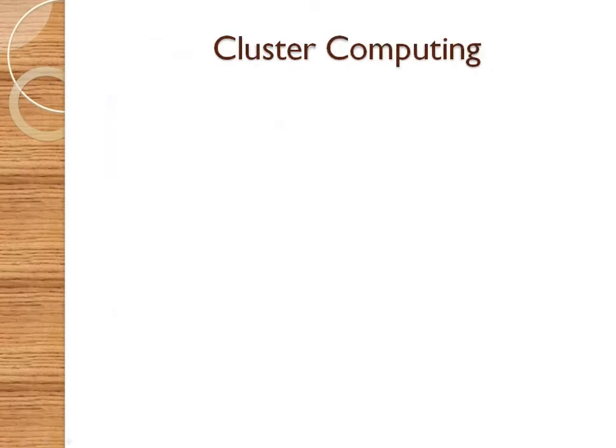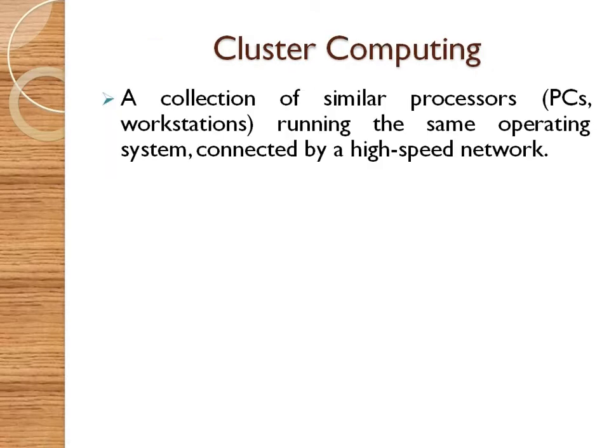Cluster computing. Cluster computing became financially and technically attractive to build a supercomputer using off-the-shelf technology by simply hooking up a collection of relatively simple computers in a high-speed network. A collection of similar processors running the same operating system connected by a high-speed network is called cluster computing.